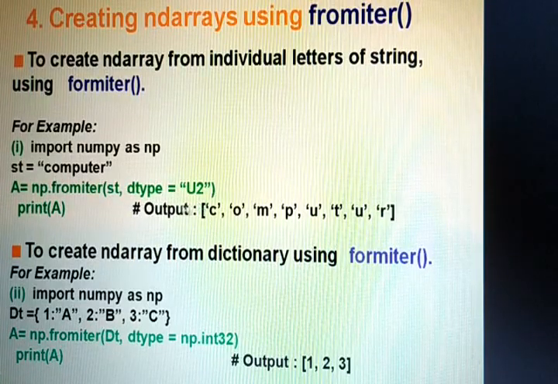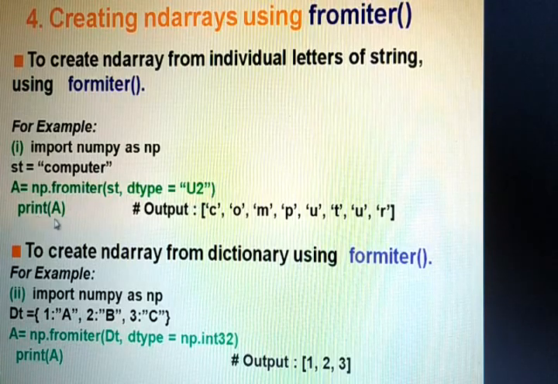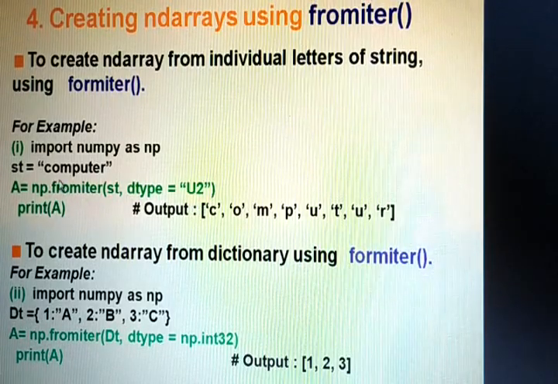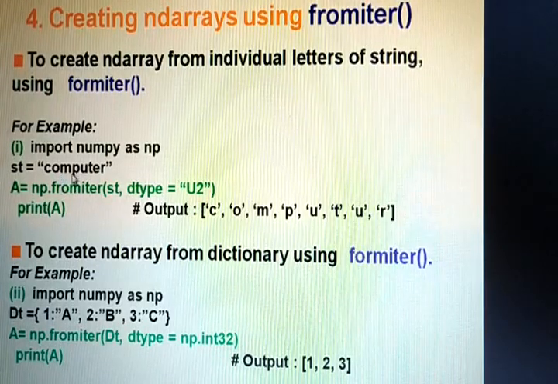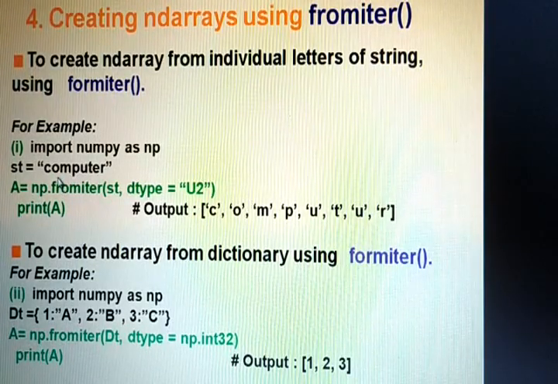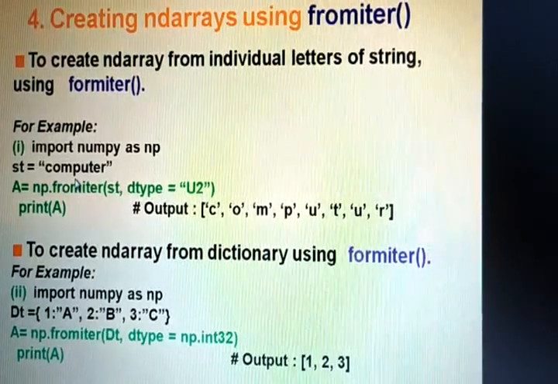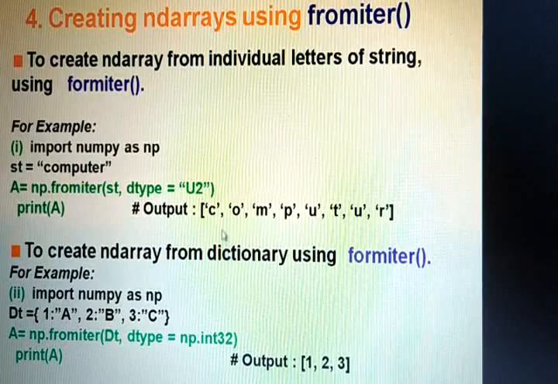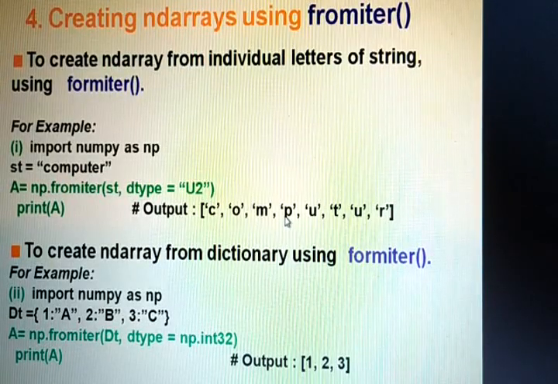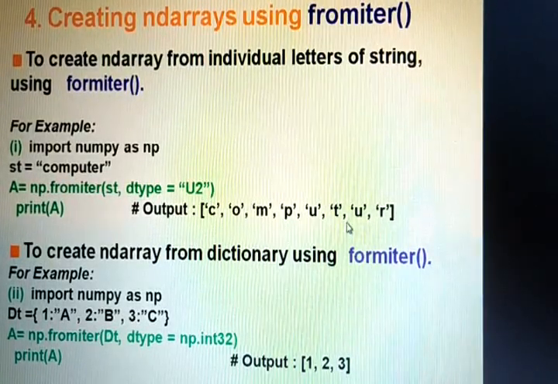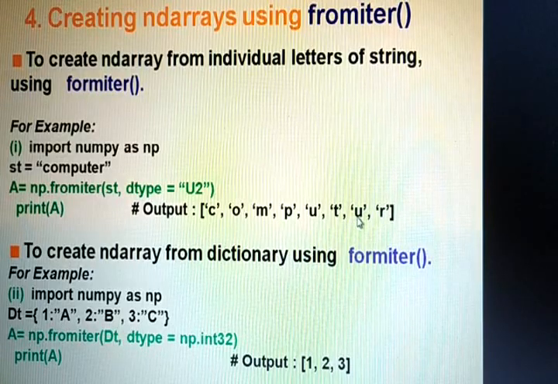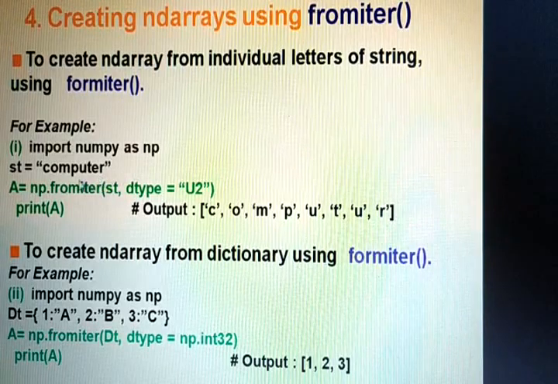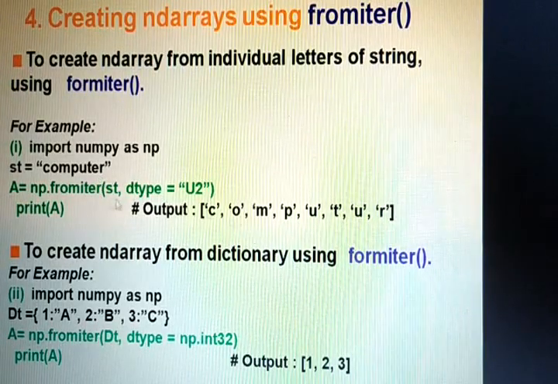When this array is created and we print it, each individual letter of the string is created as an element of the array like C, O, M, P, U, T, sorry, this one is E, not U, E, R, and all these values are stored in the array a.